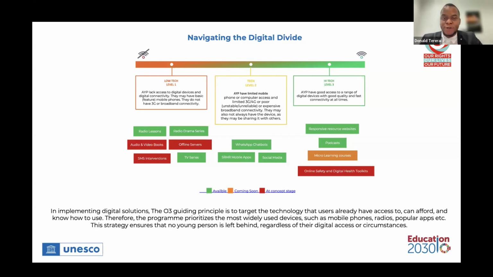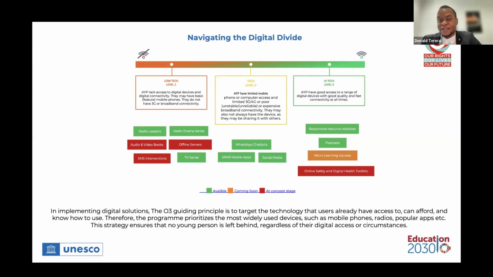We found out when we were launching WhatsApp chatbots that many young people were actually using the smartphones from their parents and from their guardians. So for this medium tech, we've got innovations such as WhatsApp chatbots, mobile applications, and social media.